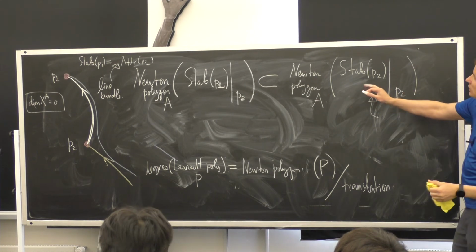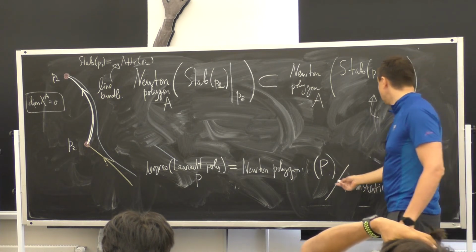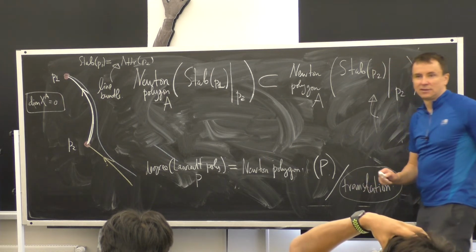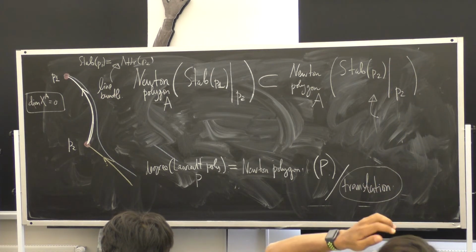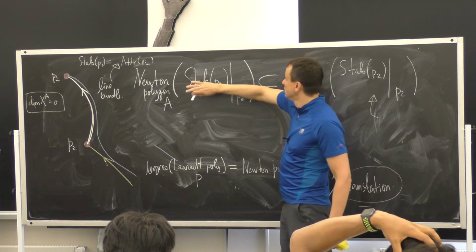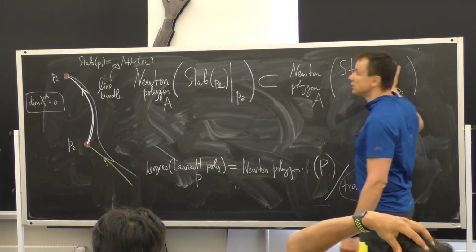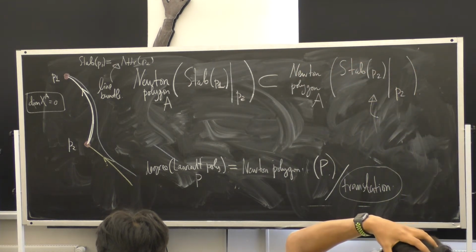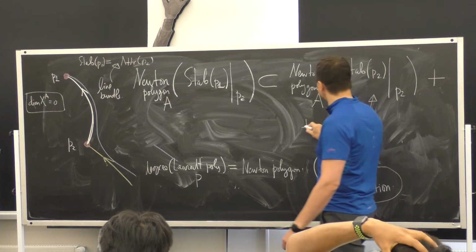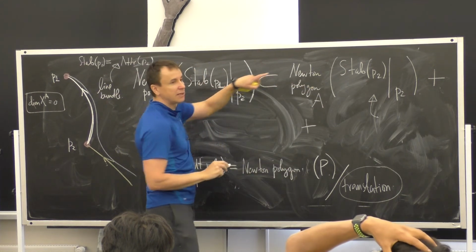So okay, this is a fine condition, except there's this up to translation business. In principle, what I can do is put the condition not that this polytope is included in this polytope, but that this polytope is included in some shift of this polytope. That's a really useful condition to put. So you can put some shift which will be canonically determined by these two points P1 and P2.